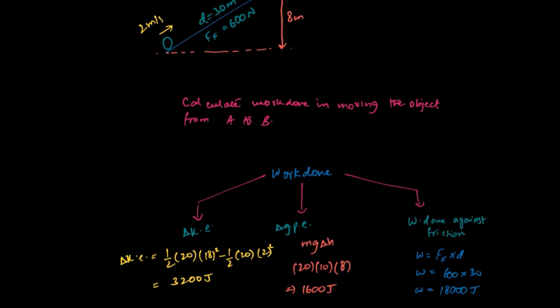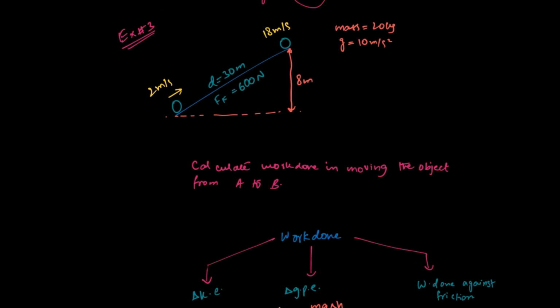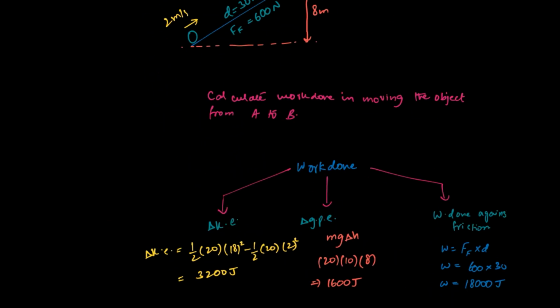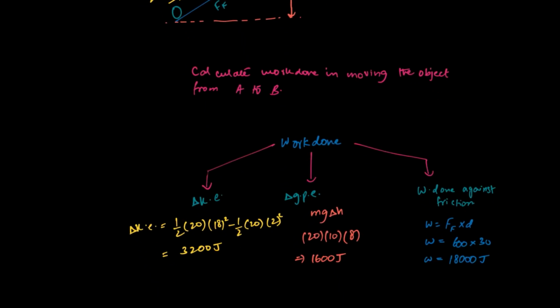Again, the work done is divided into three forms of energy. Number one, change in kinetic energy. Number two, change in gravitational potential energy. And the last one, work done against friction. Change in kinetic energy is due to the change in velocity of the object.